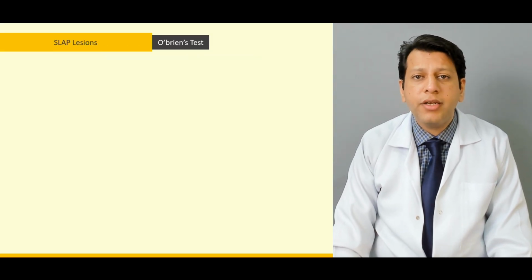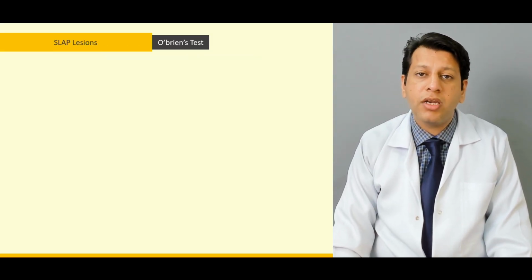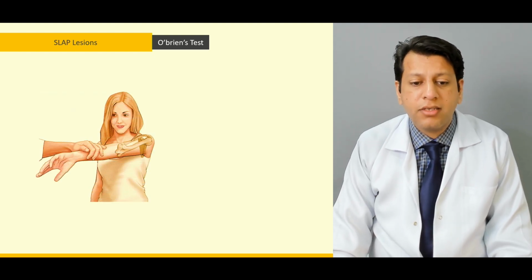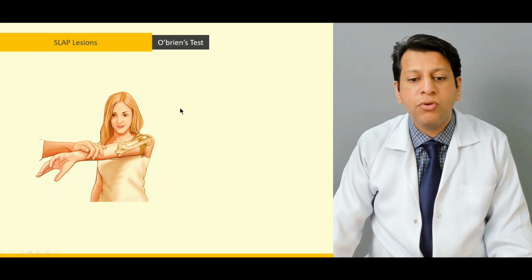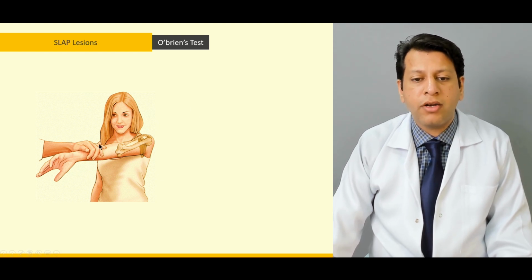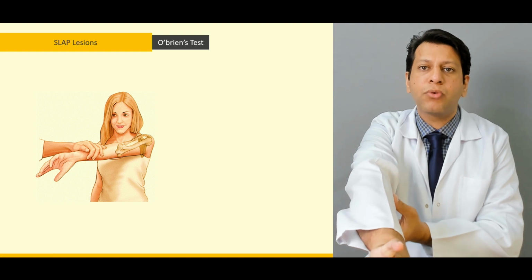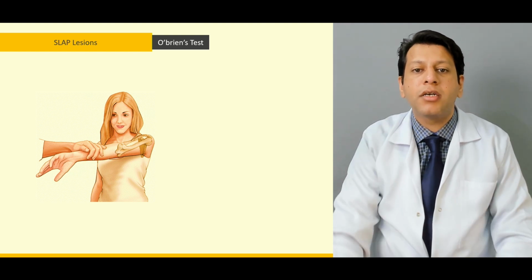The O'Brien test is done to clinically evaluate for SLAP lesions. One way of doing it is that the patient is asked to raise the arm to 90 degrees of shoulder flexion, with the elbow in extension, and the forearm pronated and maximally internally rotated.